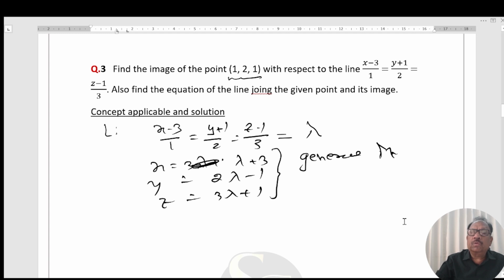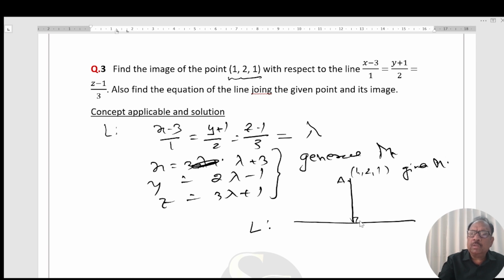First of all, I will make the picture. This is the given line. This is the given point 1, 2, 1. A is a given point. This is a 90 degree angle.